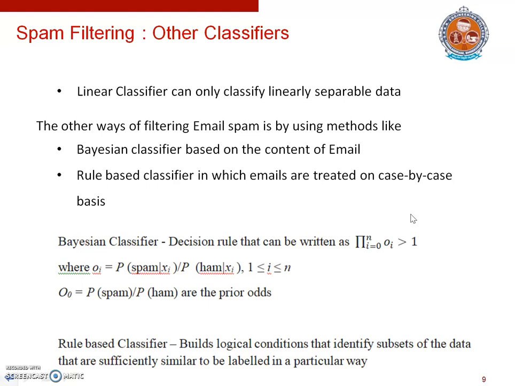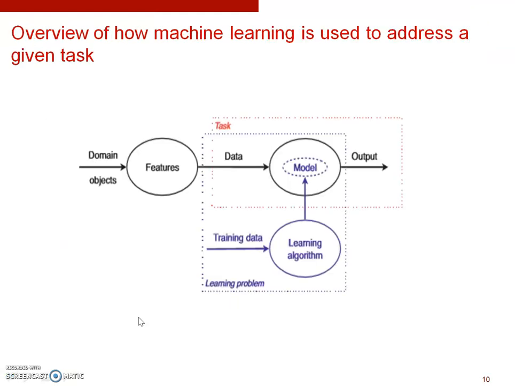Next comes the rule-based classifier. A rule-based classifier builds logical conditions that identify subsets of data that are sufficiently similar to be labeled in a particular way. It makes use of a set of rules for classification. So this is the overview of how machine learning is used to address a given machine learning task.